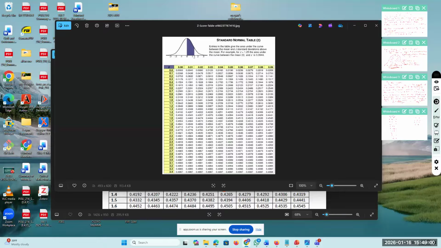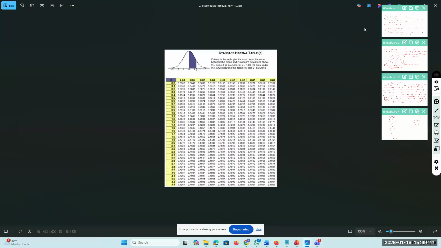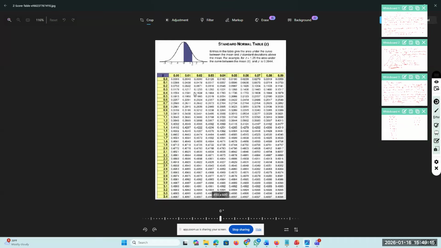So please, we all have access to it. I hope you're looking at the same thing I'm looking at, right? Yes, please. Good. That makes it easier for me. Do I have to zoom in or is it okay? Is the view okay for you?